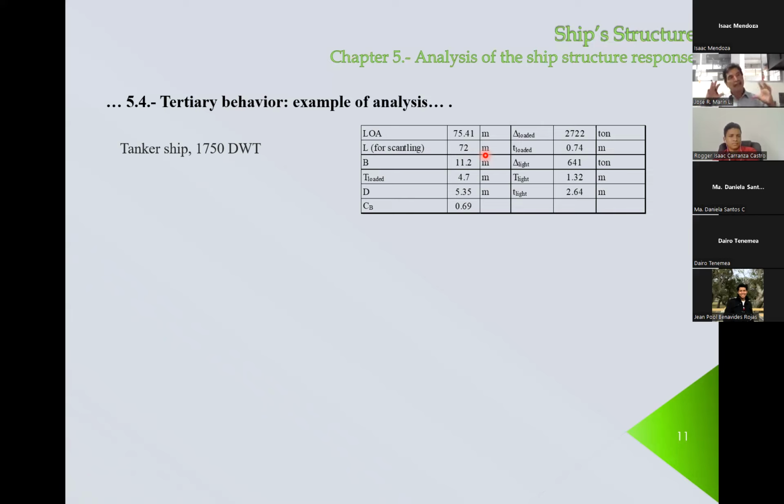And to apply the regulations from the Classification Society, you have to calculate a specific value for L, okay? Then you have to consider the length between perpendiculars, and you have to include a little bit, and then you have to make a comparison, and finally establish what is the length to apply the regulations, okay?